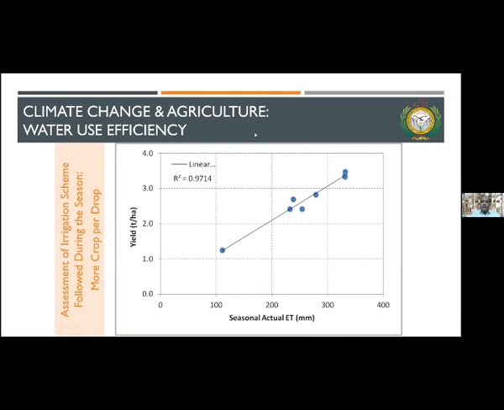So this proves what I began with in the starting, what I was saying from the start: if we are not focusing on the climate change impact on our agriculture, which is the health, if the health is not monitored, if we are not taking steps in the very beginning, the crop water use will be affected.